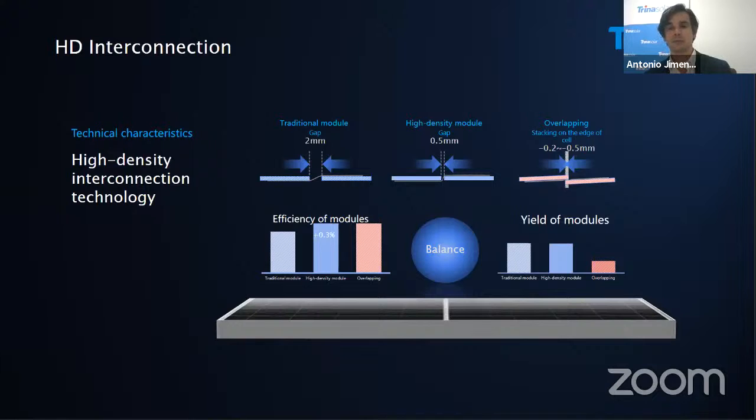If you put a cell on top of another, of course the efficiency increases, but there are energy losses because part of the cell is in shadow and doesn't receive light, and that reduces performance. So the same module, if you choose a high density module instead of a module with overlapping, the yield will be higher.